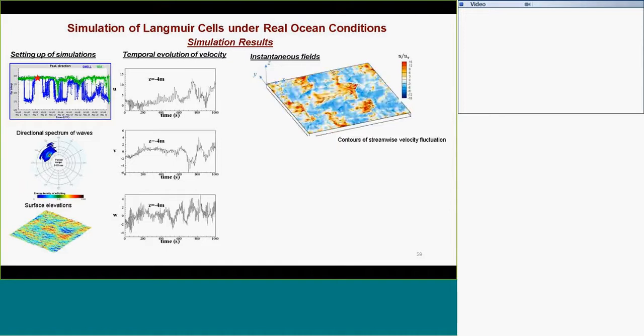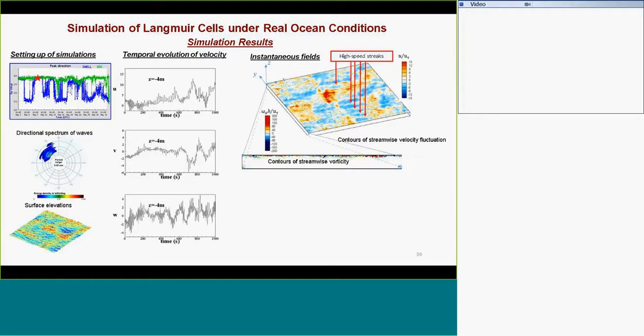You can see after a while of the simulation, do you see those round streaks? Those are the formation of Langmuir cells. So we were able to tell them the distance is about 100 meters. So when you deploy your measurement equipment, they need to be about 100 meters apart. That information we gave to them.